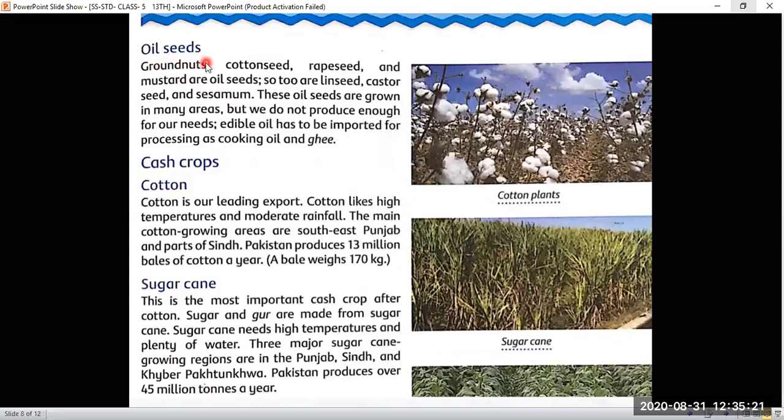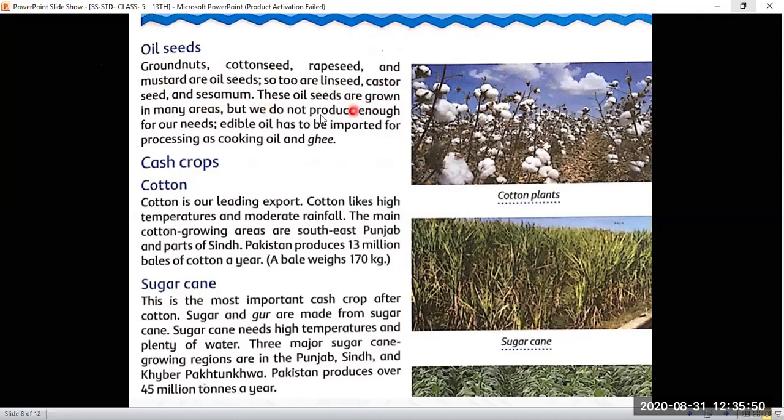Oil seeds. Groundnuts, cotton seeds, rapeseed, and mustard are oil seeds. Also linseed, castor seed, and sesamum.